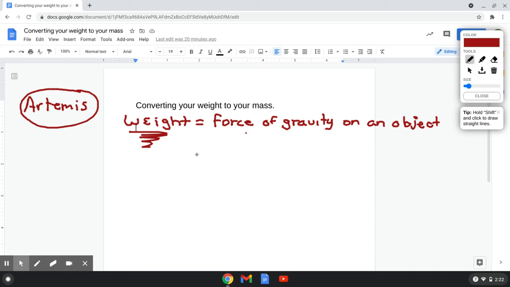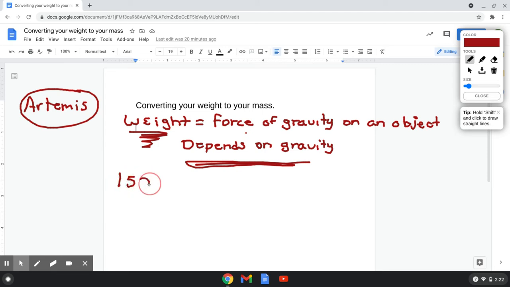It depends on gravity, the gravitational force. It will be different on the moon and different on Jupiter. You will weigh more on Jupiter than on Earth, but you will weigh less on the moon than you will on Earth.